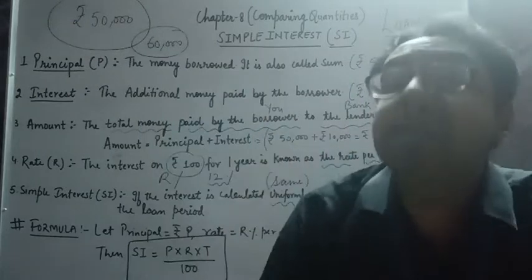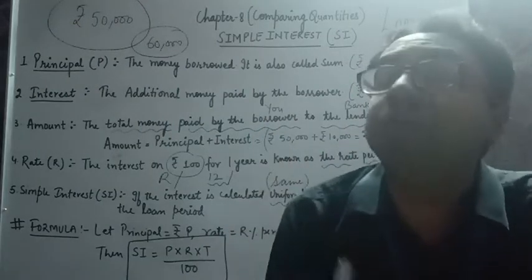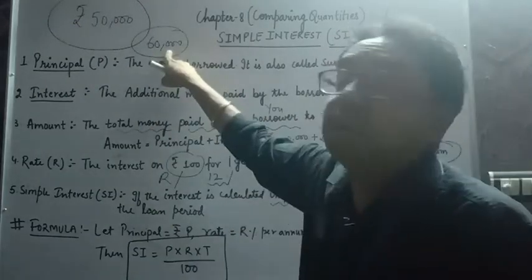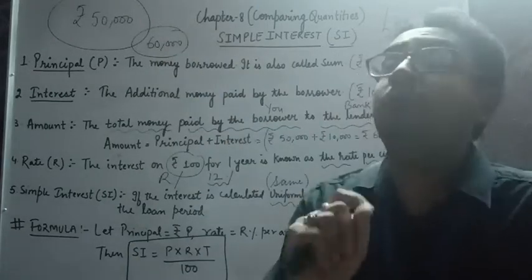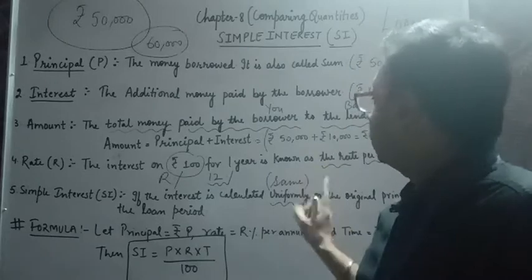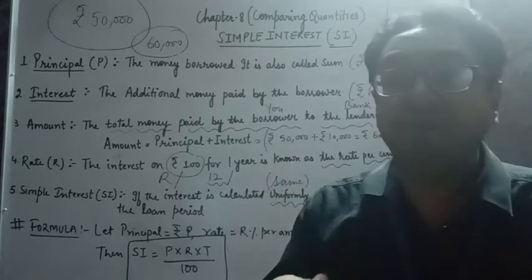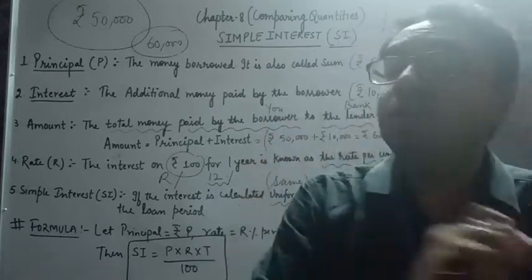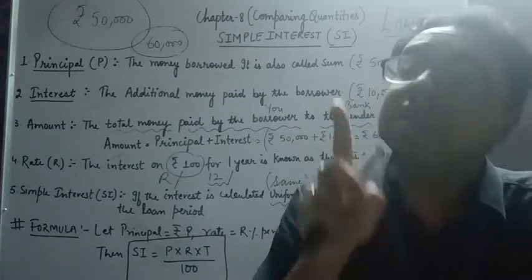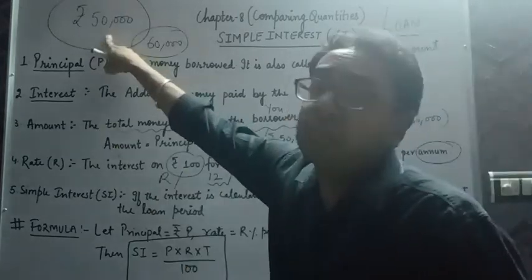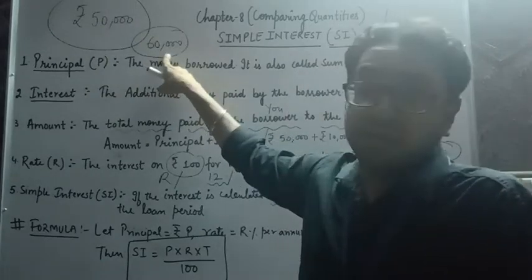You will be paying interest for 50,000 only. You will not pay the interest on 60,000. Are we clear? This is very important. That is why we are saying uniformly on the original principal. It means if you have borrowed 50,000 from the bank, you will pay the interest every year on 50,000 only, not on this.